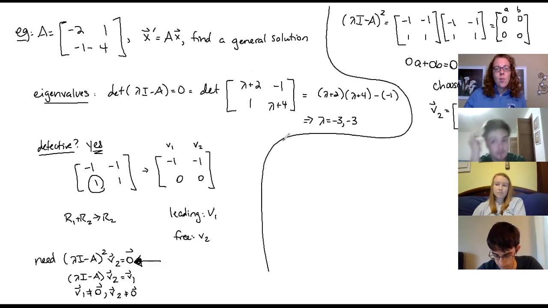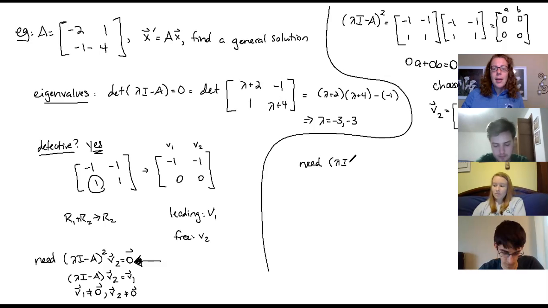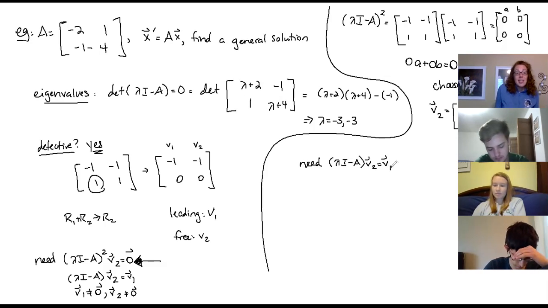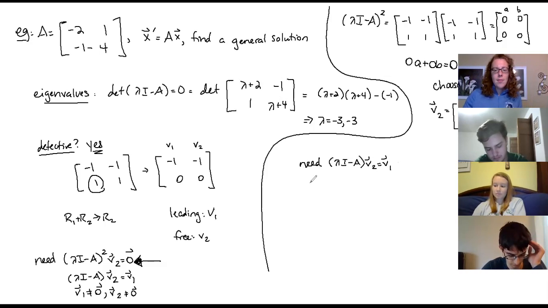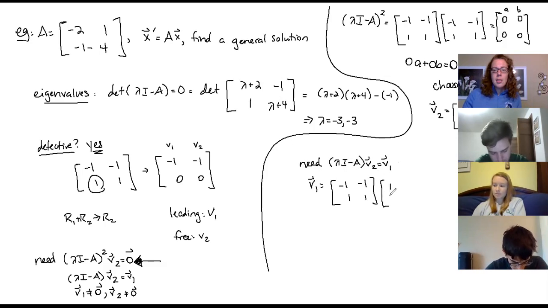I also need V1. So here's the other thing that I need. I need lambda I minus A times V2 to equal V1. That's nice. I've got the whole left-hand side. Everything on the left-hand side is something that I know, so I can plug in to get V1. Here's my V1. It's going to be [-1, -1; 1, 1] times [1, 0], right?